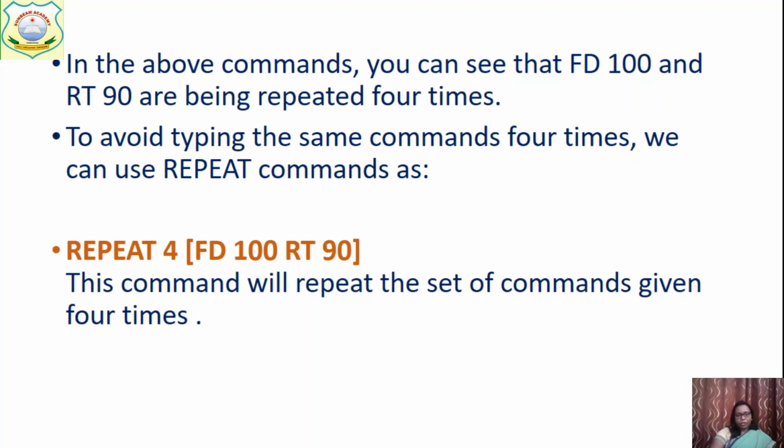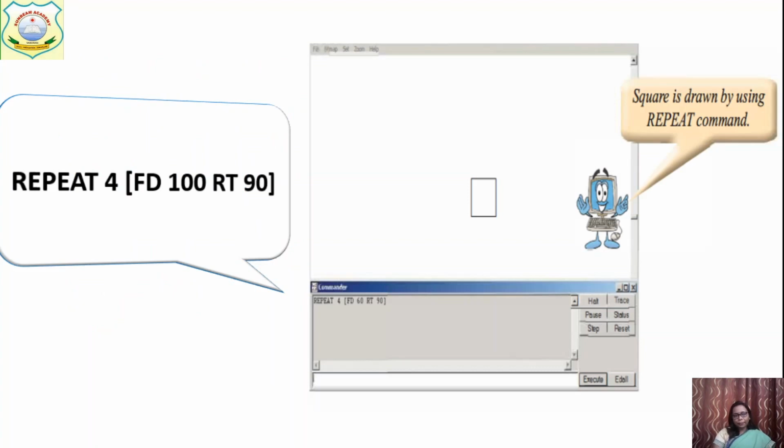You have already done this. Just see, repeat 4. Instead of writing these commands 4 times, I have simply written the repeat keyword, then a space, 4, because we are repeating 4 times, and then FD 100 RT 90. Okay, got it?